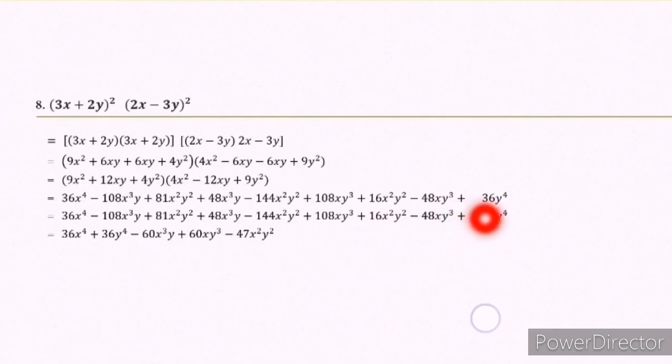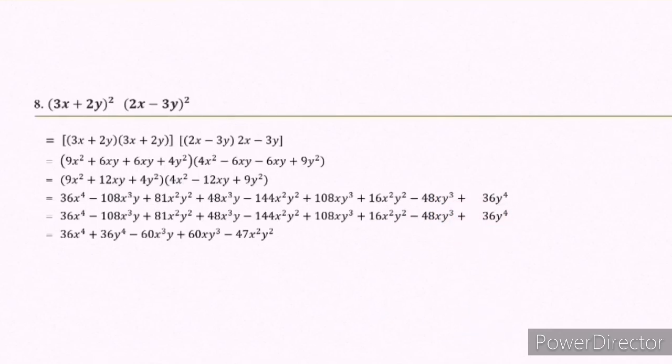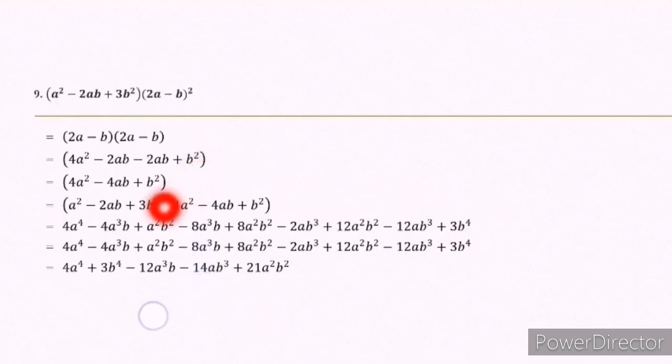Then combine the like terms. Then the answer is 4a raised to 4 plus 3b raised to 4 minus 12a cubed b minus 14ab cubed plus 21a squared b squared.